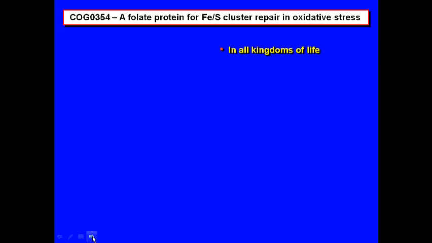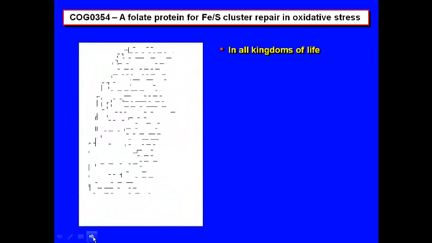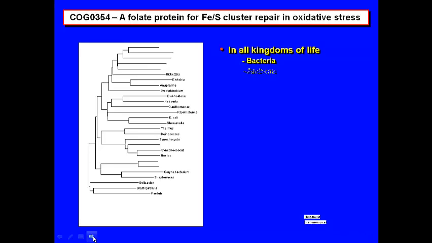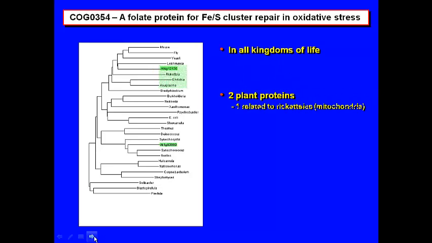Here's a family tree, a phylogenetic tree. It's in bacteria, it's in some archaea, it's in fungi represented by yeast, it's in animals and protists, and it's in plants. And you notice right there that two plant genes have flown in, and the first one at the top is related to rickettsias, which are alpha proteobacteria.